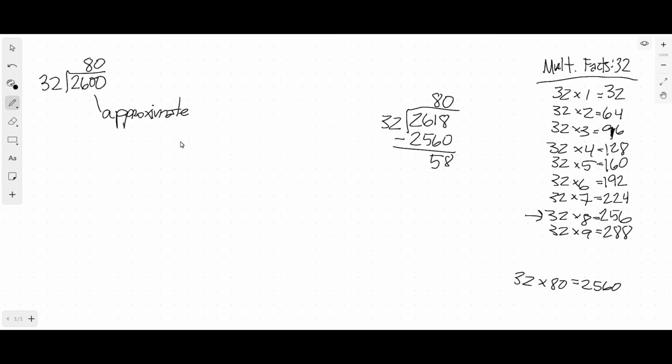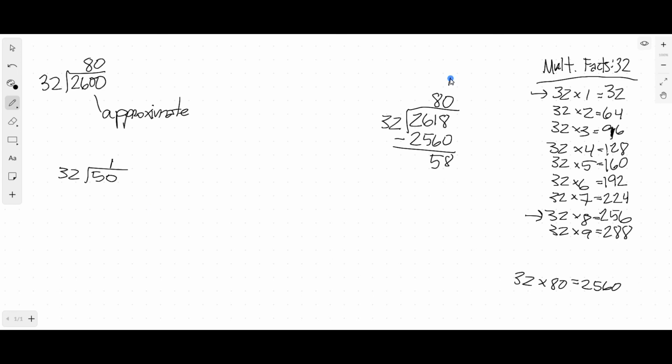So now I want to ask myself, can I fit 32 into 58? Because that should make this a little easier for me to figure out. And look at my numbers over here, 64 and 32, those are my smallest numbers. So I can't get past 1 as my fact. 32 times 1 is as much as I'm going to be able to fit into 58.